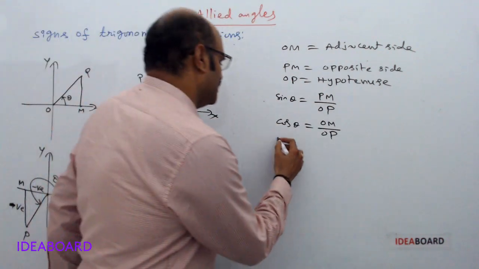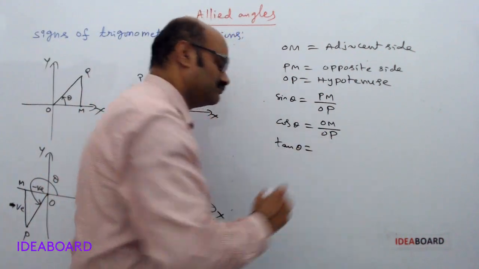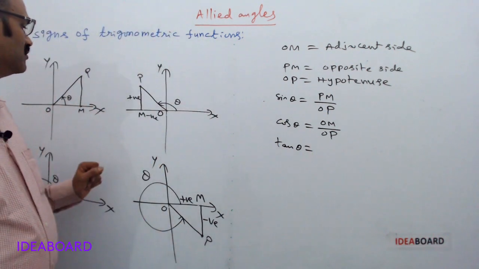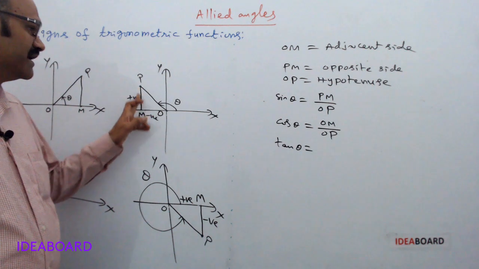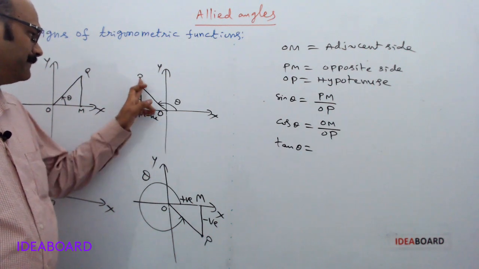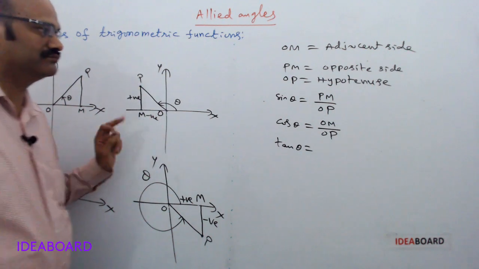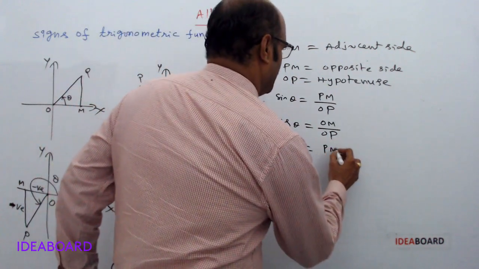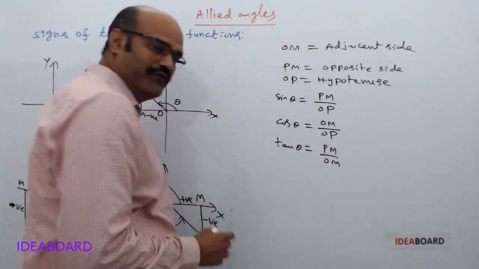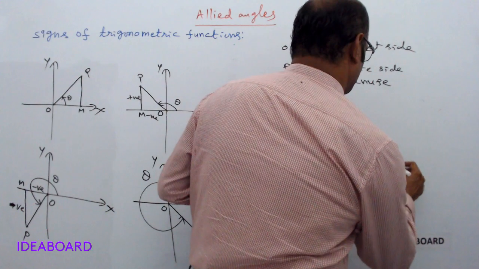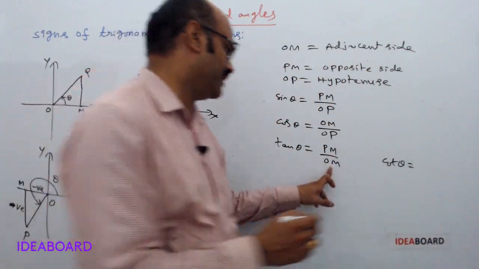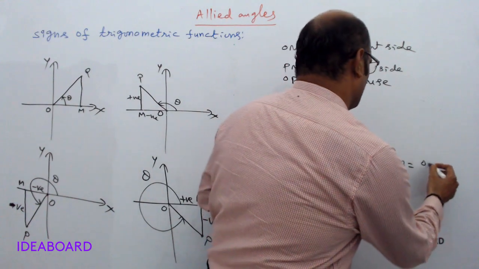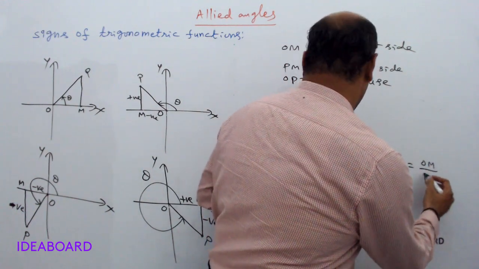Now tan theta equals opposite side by adjacent side, PM by OM. We know that cot theta is the reciprocal of tan, OM by PM.